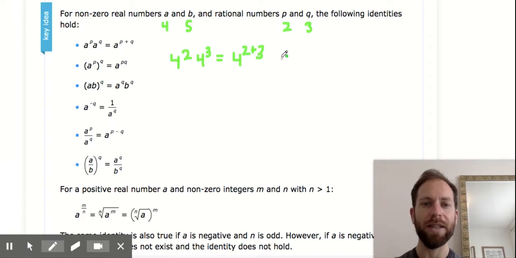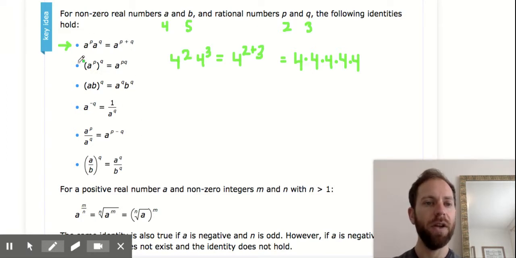It makes sense because you could write 4 squared as 4 times 4, and 4 cubed as 4 times 4 times 4. So really you're multiplying 4 five times. It's 4 to the 5th power. That explains the first identity, where you're adding exponents.